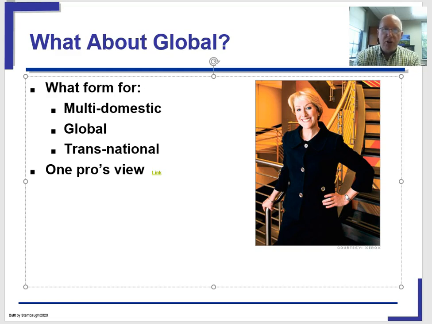The transnational is a particularly challenging sort of a strategy to implement. And organizationally, this is where in the textbook it talks about the matrix form, and I agree with that. The power to go with a matrix form is going to be really strong. In the matrix form, you have to decide which entity you're going to privilege. And what I mean by that, who is the first person you go to?